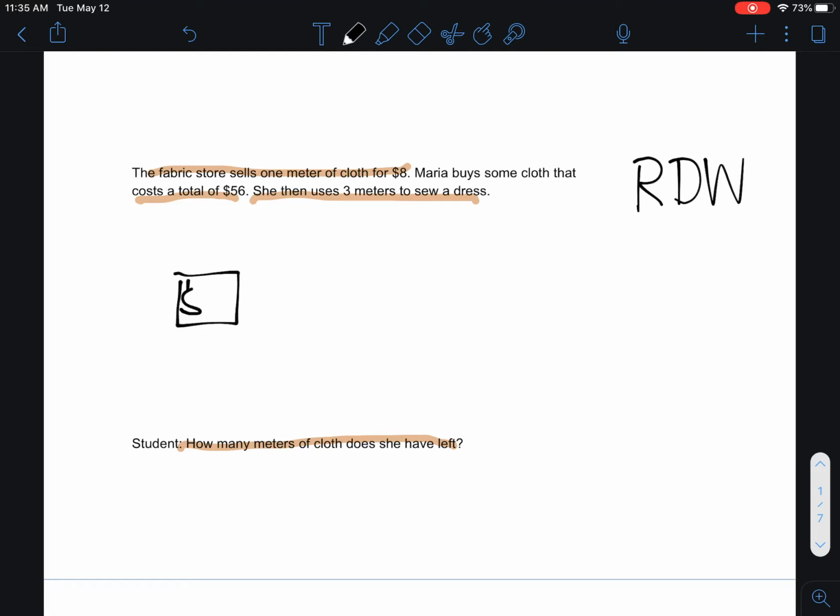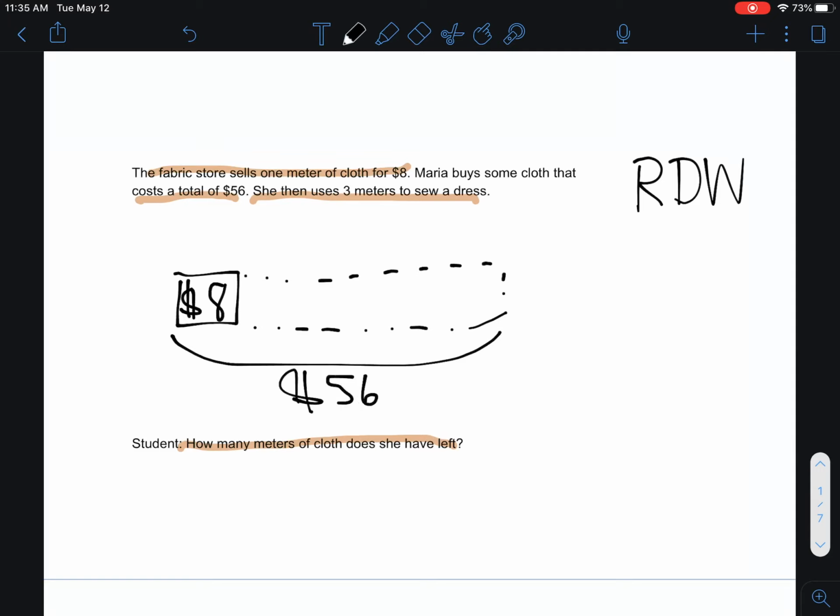So I know 1 meter of cloth is $8. But I don't know how many meters. But I know that my total comes out to $56. So this is 1 meter of cloth.